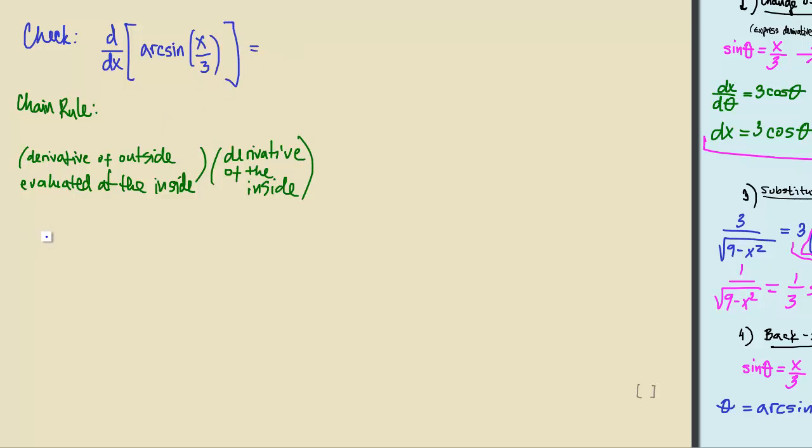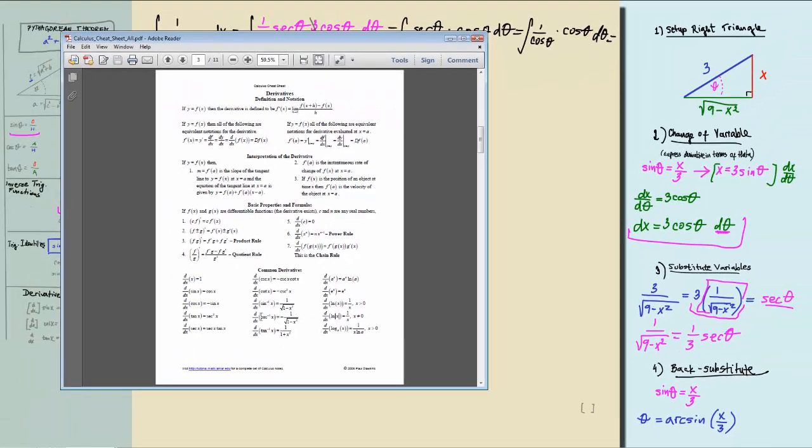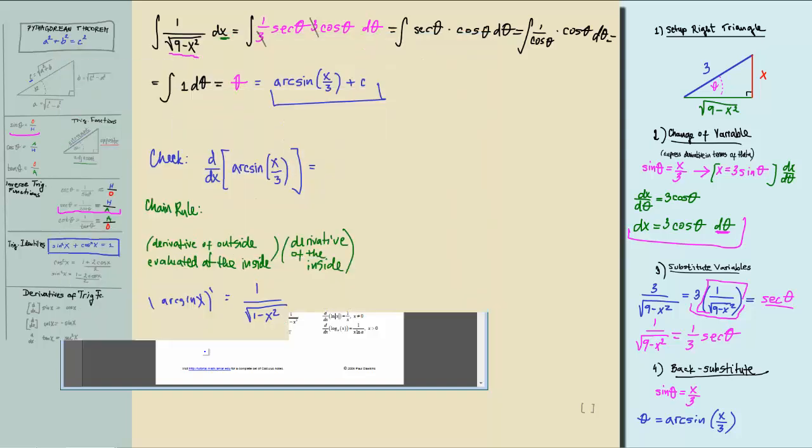The derivative of arc sine of x is defined as 1 over the square root of 1 minus x squared, or at least that's what I remember. Let me see, let's check, make sure. Yeah, it's 1 over the square root of 1 minus x squared.